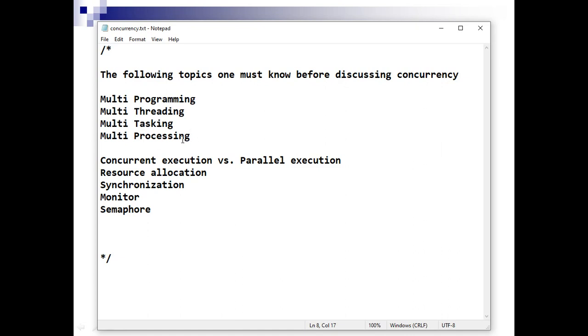Our concurrent programming is related to the multi-threading concept, but everyone must first know what multi-programming, tasking and processing actually are. So just to recall the operating system concepts that you have studied in previous semesters.